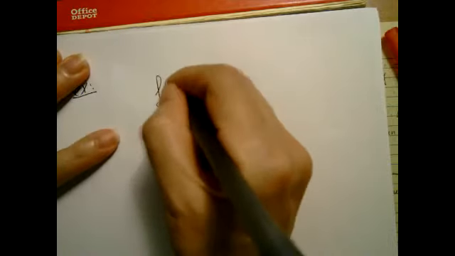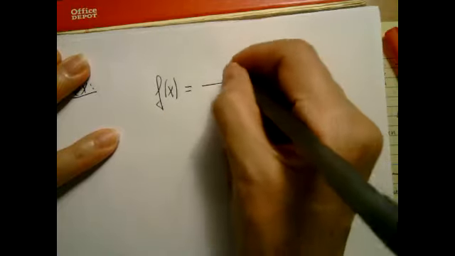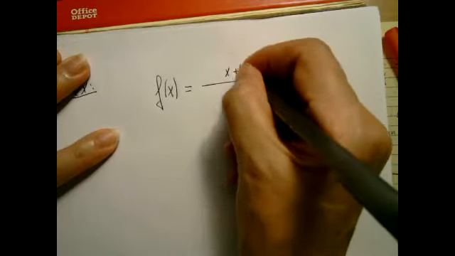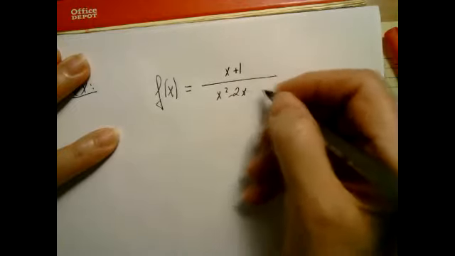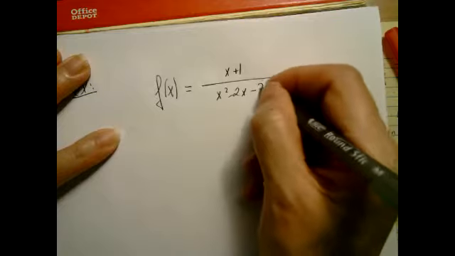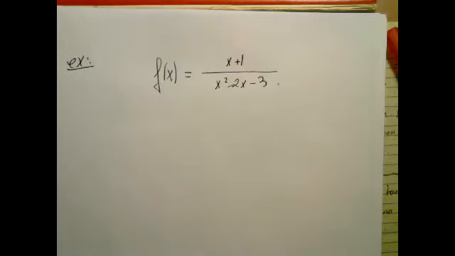Suppose I take the following function, f of x equals x plus 1 over x squared minus 2x minus 3. And I did that on purpose to show you what's really happening. All right, this is my function. As you realize, I kept the same denominator as the previous one. I did not really change it, but now I manipulated the numerator a little bit.